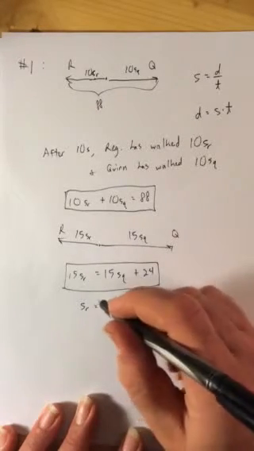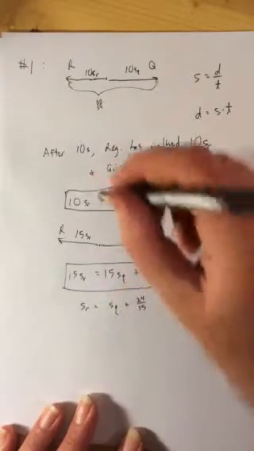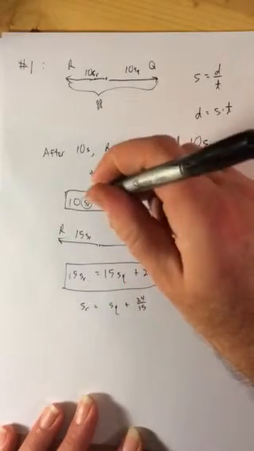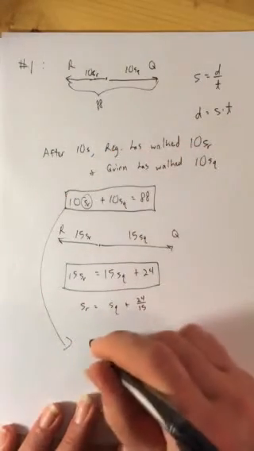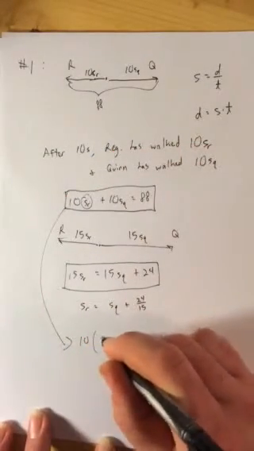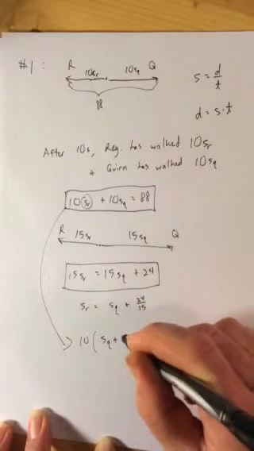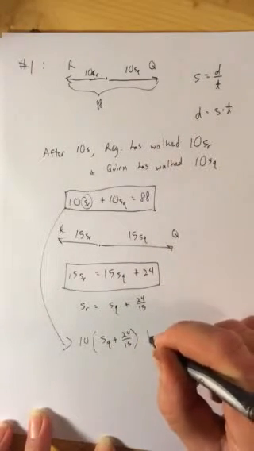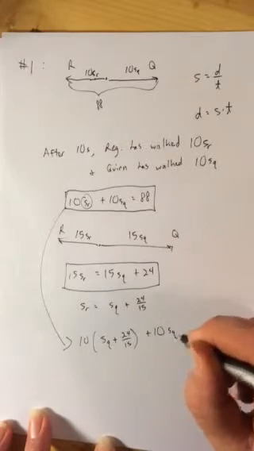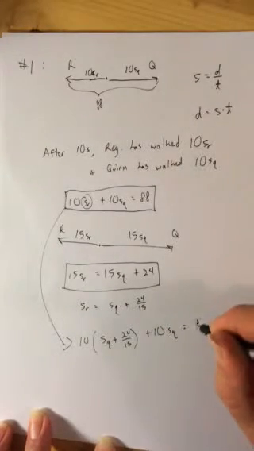This means I can replace SR with SQ plus 24 over 15. So I've got 10 times SQ plus 24 over 15, plus 10 times SQ, is equal to 88.